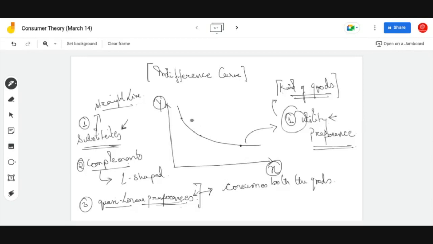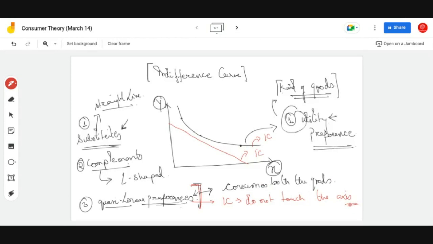So one thing that you will see is that if we draw a straight line, let's say this is also an indifference curve and this is also an indifference curve. What you will find is that in quasi-linear preferences, the indifference curves do not touch the axis.